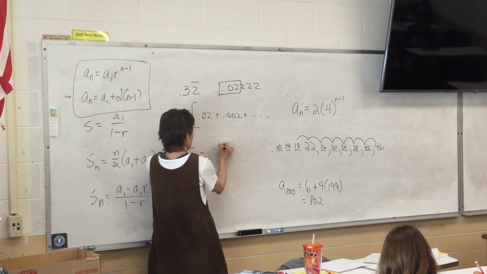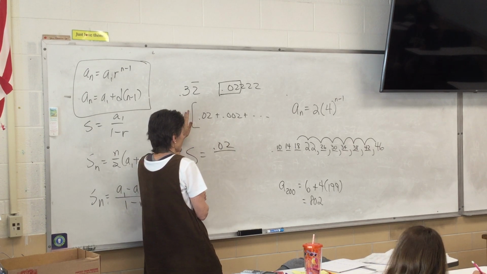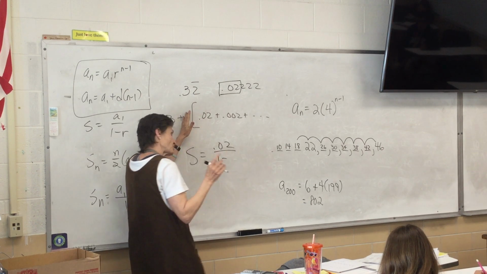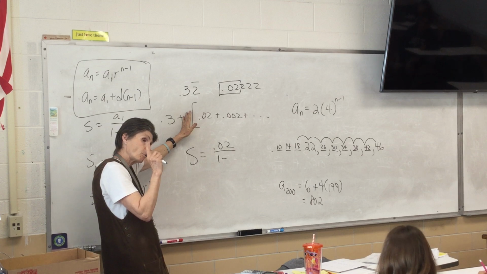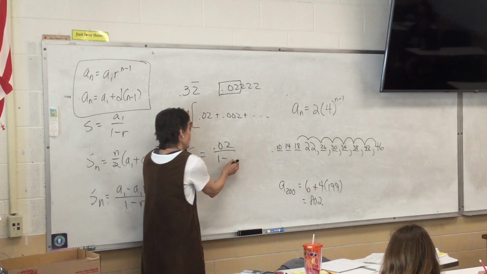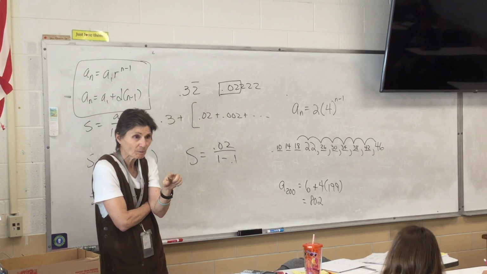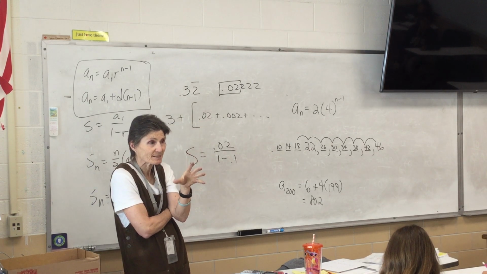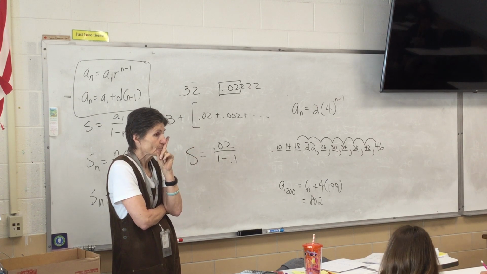My first term is 0.02. But what's my ratio? Be careful. 0.1. My ratio is just 0.1 because how many decimal places actually repeat? 1. And that's how you tell.